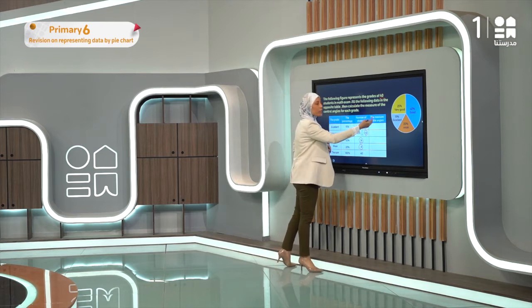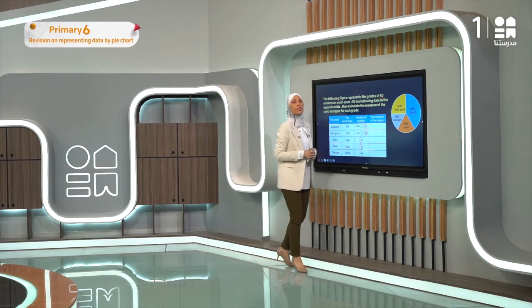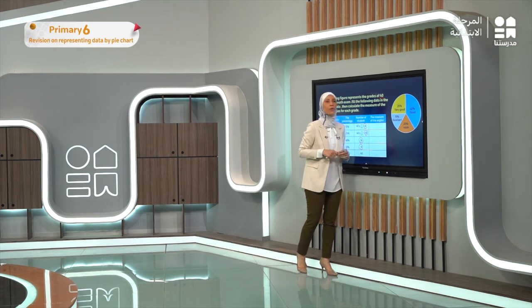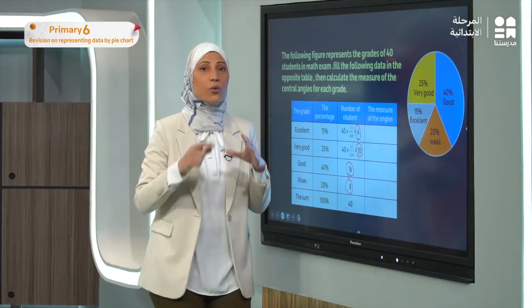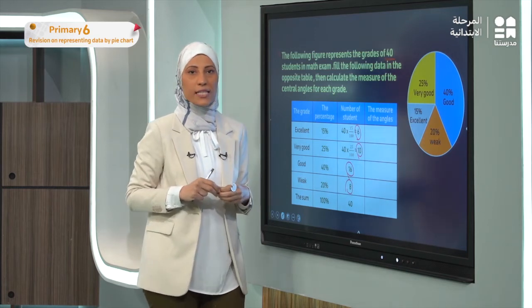Now he wants you to find the measure of the angles. How are you going to find the measure of the angles? Remember that the total angle of any circle must equal 360 degrees.